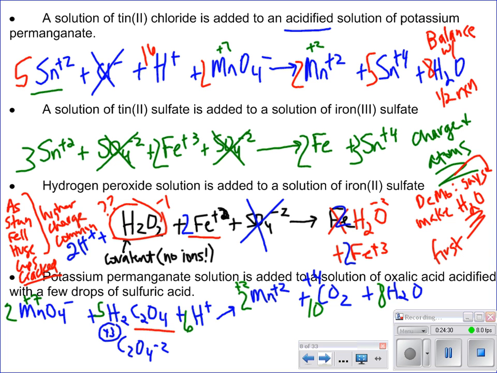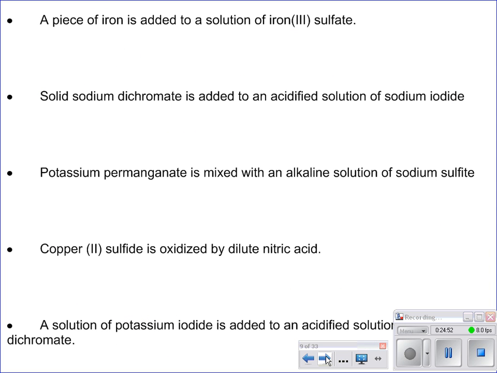Y'all comfortable with having to balance that using the redox method? Okay, any questions on that one? I'm just giving you every type of scenario you might see. When you do homework, you're going to do multiple where you have to do the polyatomic thing, multiple you have to do the metal thing. I can only do 1 or 2 of each, okay, in class. All right, next slide. For me, not for you.